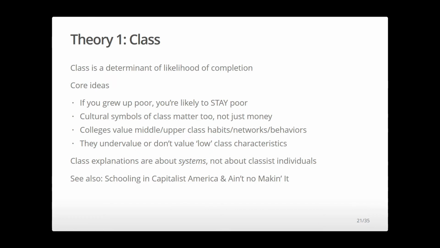That might not be because an admissions counselor is explicitly classist, but at the structural level, these preferences become clear. For class-based explanations, other factors might matter, but class predominates. See "Schooling in Capitalist America" by Bowles and Gintis, and "Ain't No Making It" by MacLeod for these types of explanations.